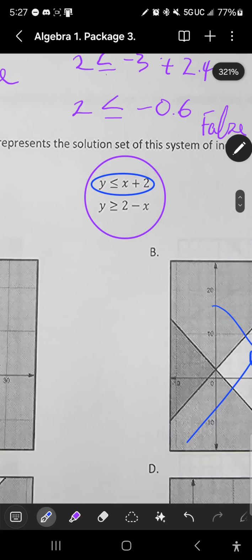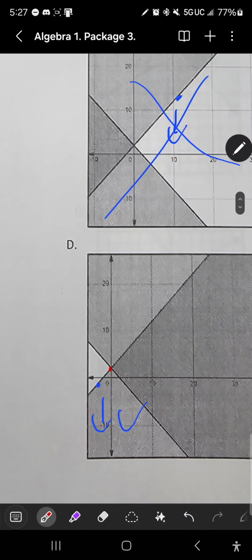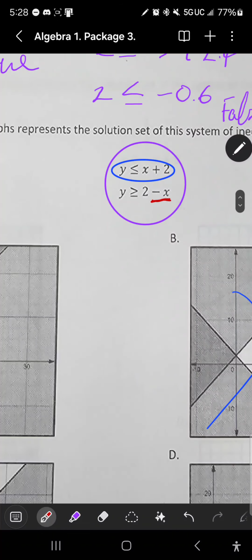Now let's see the other one. The slope is negative 1, which is the number in front of the x, in this case just negative 1 because of the negative sign, and the y-intercept is also 2. So we have that here, and we have that here as well. Now let's see the sign.